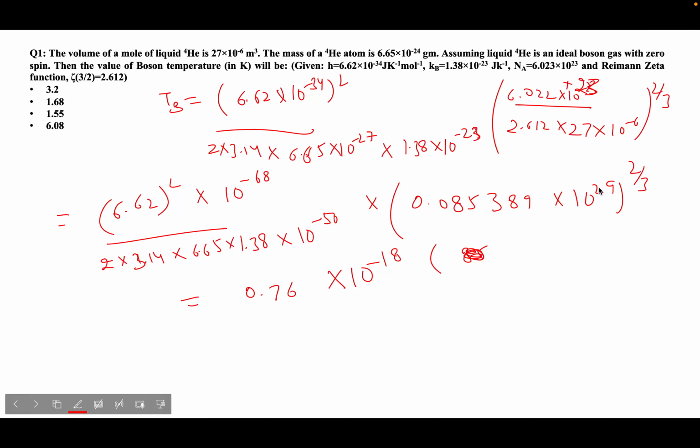So if I multiply by 100 here, it will become 8.5389 into 10 to the power 27 to the power 2 by 3. So now we can solve this. So this is 8.5389 to the power 2 by 3. So square and then cube root.